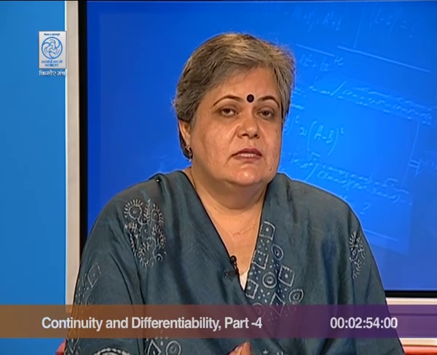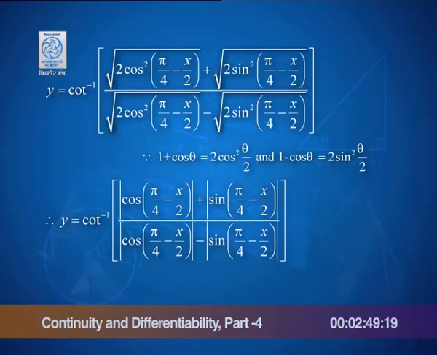If a is negative, then root of a square is negative a. So, what do we know about cos pi by 4 minus x by 2 and sin pi by 4 minus x by 2? Are they positive or negative quantities? Remember, there was a condition on x. X is strictly between 0 and pi by 2. So, x by 2 is strictly between 0 and pi by 4.